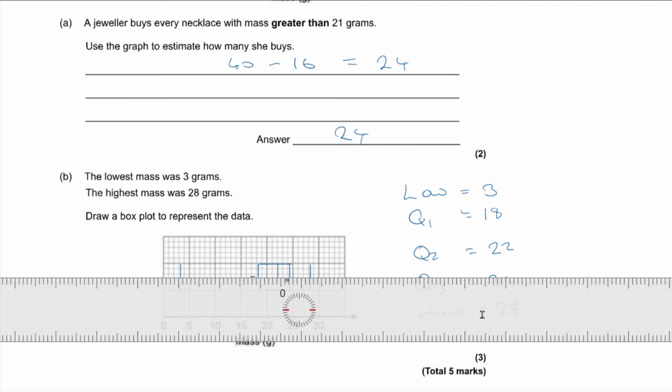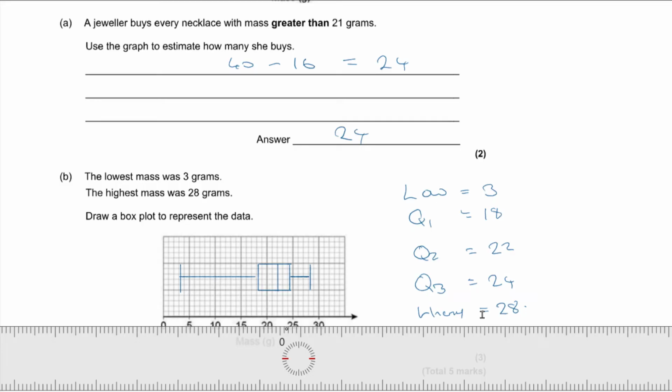I don't know why exam boards just call them boringly box plots and neglect the whiskers. I think box and whisker diagram is much more descriptive. So you've got your box around Q1 to Q3 with your Q2 line in the middle and the whiskers reaching out, up and down to your lowest and your highest value.